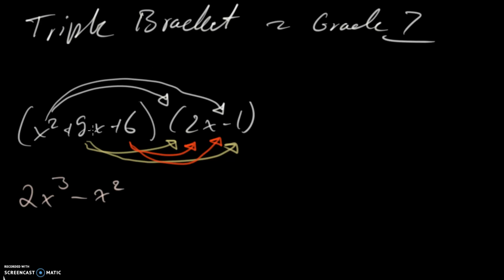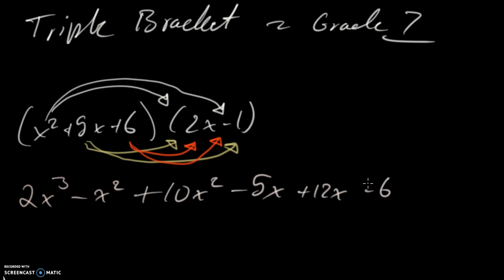So plus 5x times by 2x to give us plus 10x squared, plus 5x multiplied by minus 1 to give us minus 5x. Then we do plus 6 and 2x to give us plus 12x and do 6 times by minus 1 to give us minus 6.